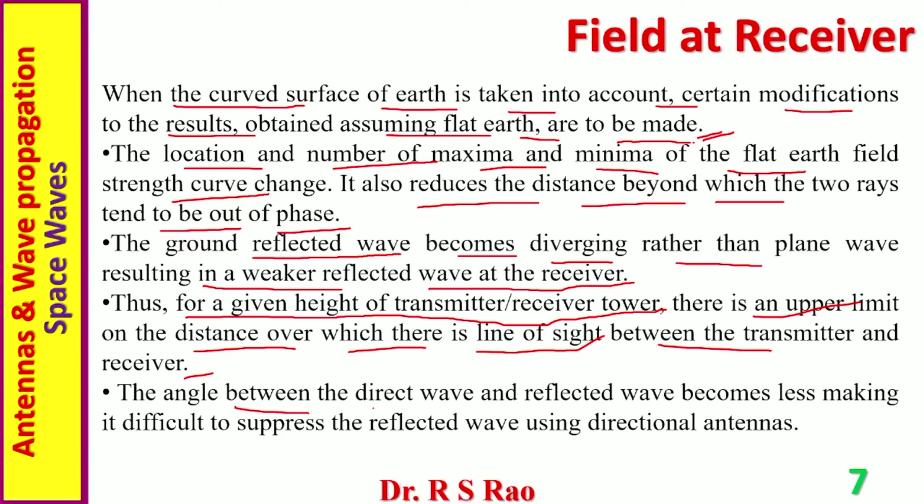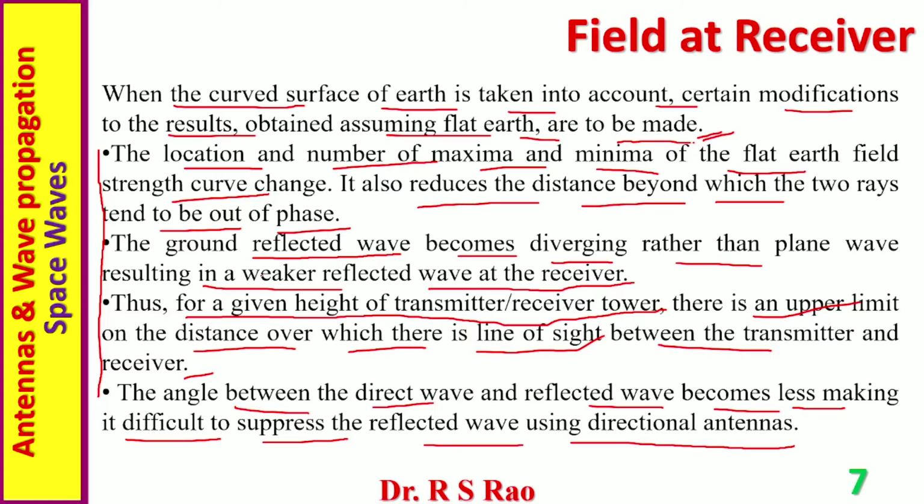The angle between the direct wave and reflected wave becomes less, making it difficult to suppress the reflected wave using directional antenna. So these four are points which explain the impact of a curved surface on a space wave communication link.